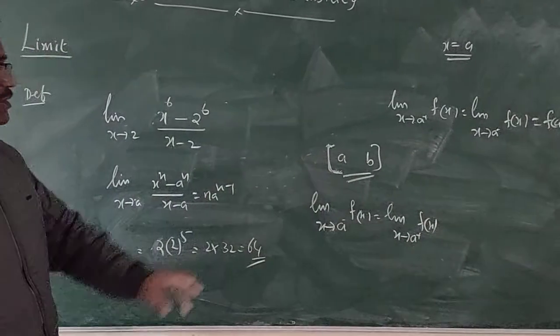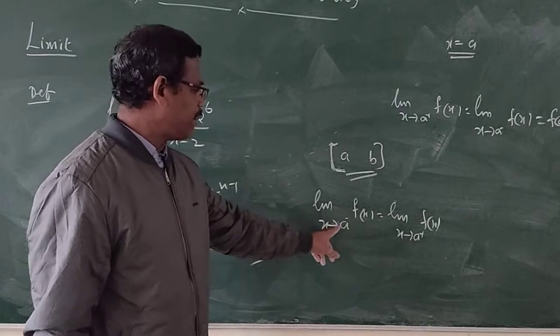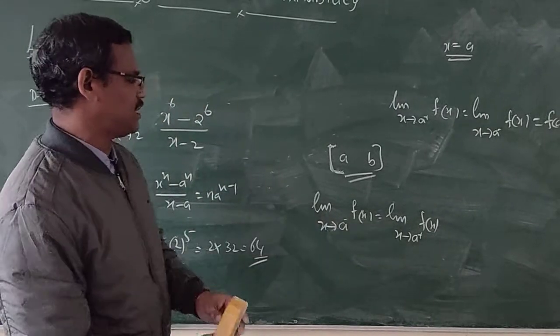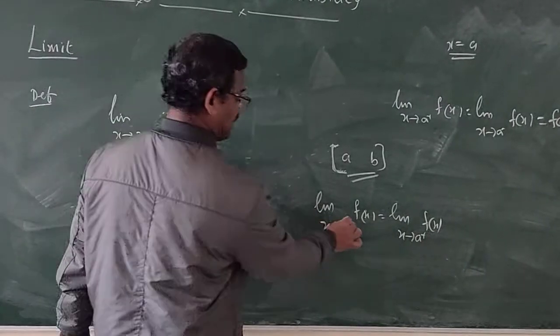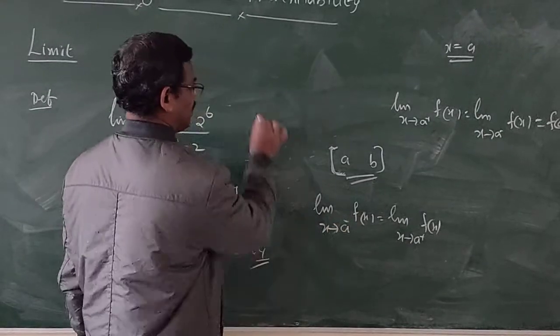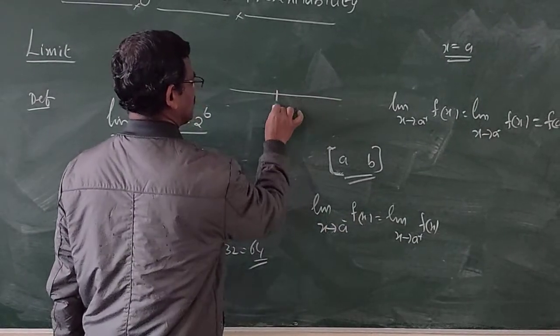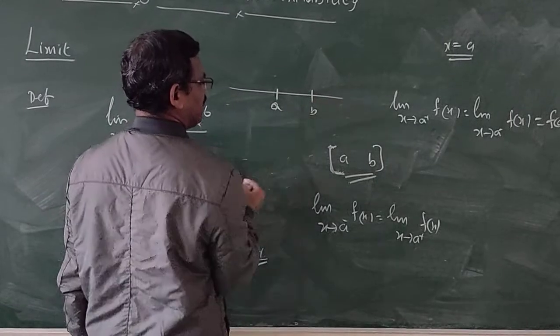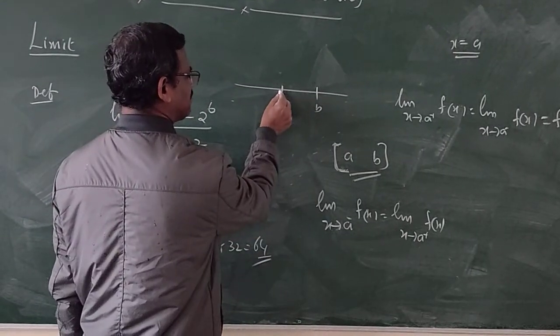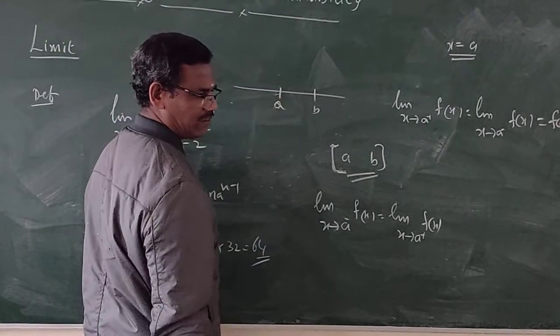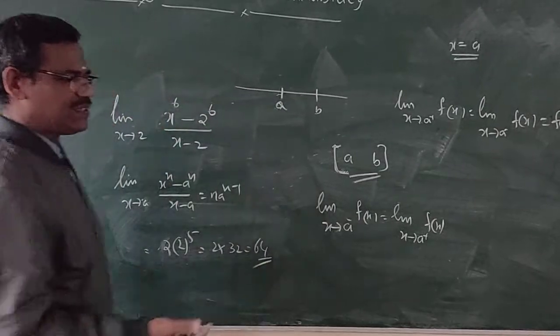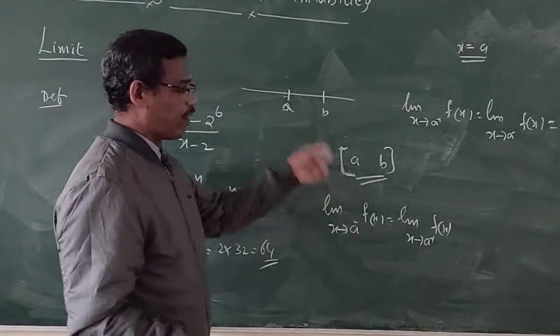The question comes, limit x tending to a minus. What does a minus mean? It is the left side of a. Now when I take the interval, suppose this is a and this is b. A minus comes where? It comes outside of the interval. So it is meaningless to discuss that point outside.